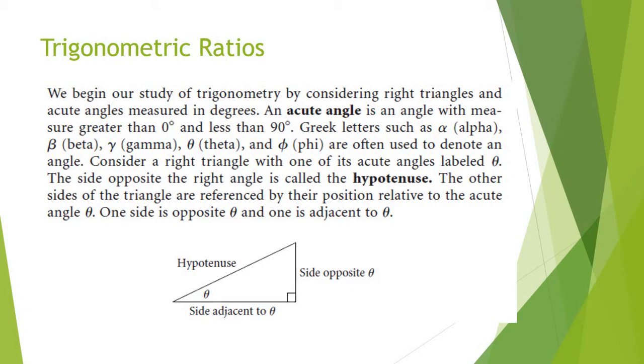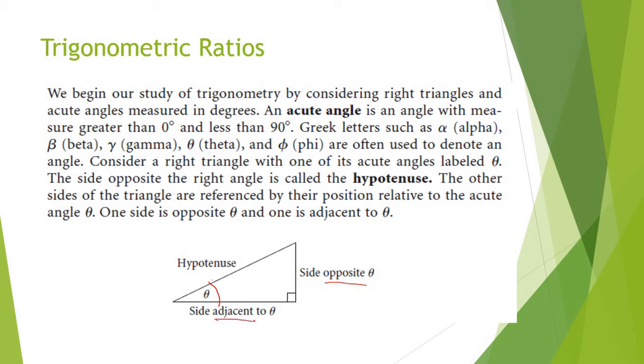Now if you're going to consider a right triangle, say for example the figure below, we have here a triangle, and the angle is represented by theta. If we look at the different sides of the triangle, we have the opposite, that is the opposite of your angle.